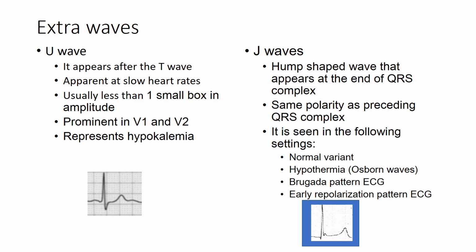It can be seen as a normal variant or in the setting of hypothermia, where it is termed Osborn wave, or it can also be seen in Brugada pattern ECG, or in some patients with early repolarization pattern ECG. Here a complex has been shown which shows a small J wave just at the terminal portion of the QRS complex and before the start of the ST segment.